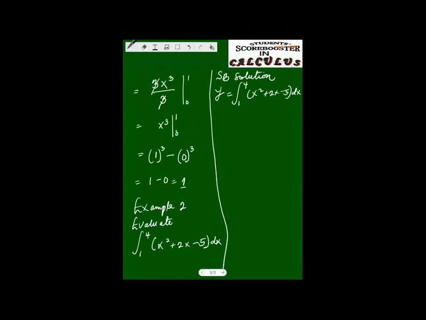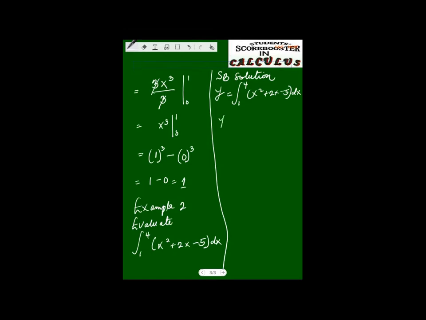And what we are going to do here is to use the sum rule that says if you have a summation of functions like this, you can integrate each of the terms one after the other, and you then add everything.